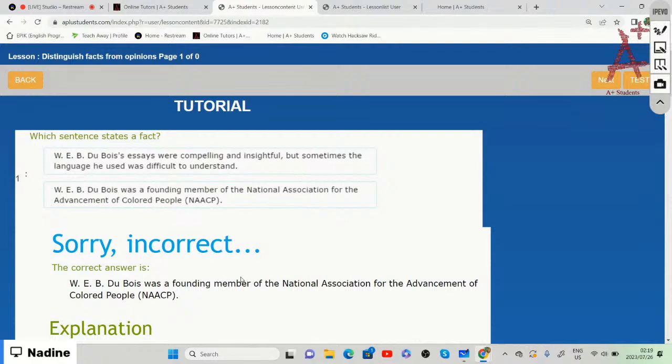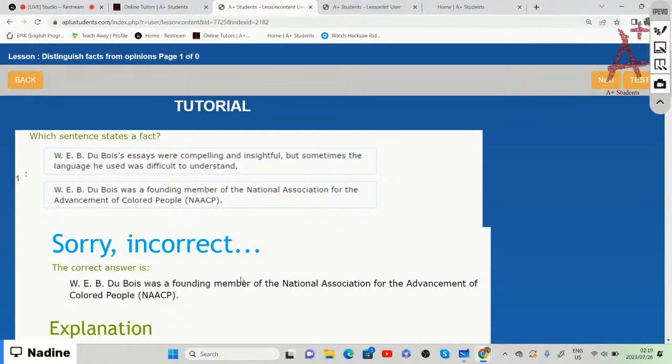If we were to look at what the fact is within the sentence, before we go on to identify which sentence states facts, the first sentence says W.E.B. Du Bois's essays were compelling and insightful, but sometimes the language used was difficult to understand.